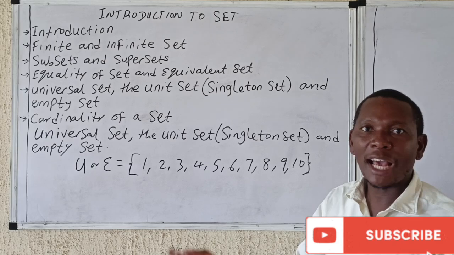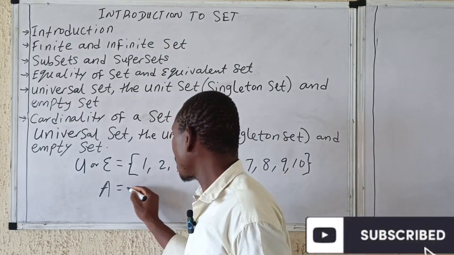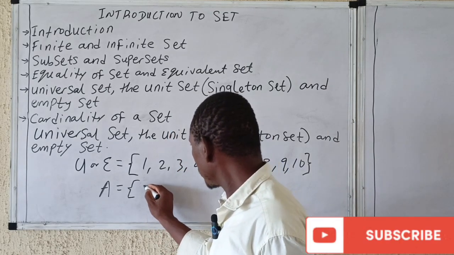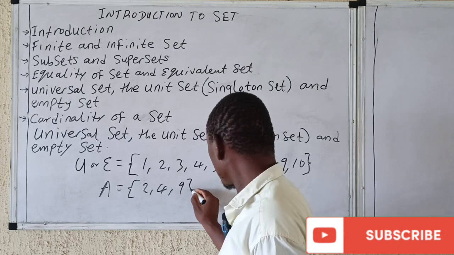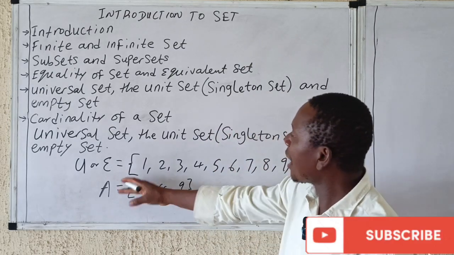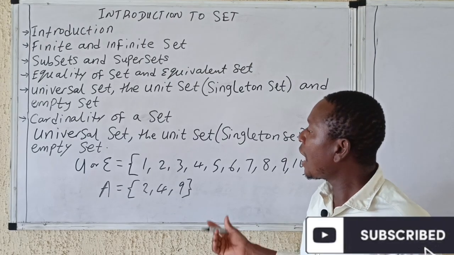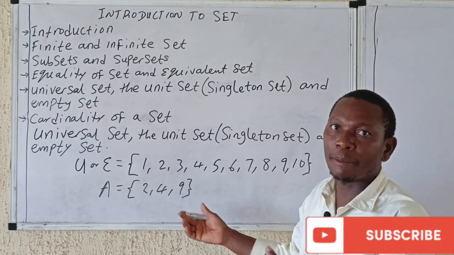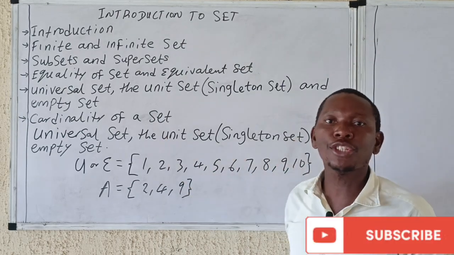Now, there can be other subsets under a universal set. You can just have 2, 4, and 9. So you can have various, more than one subset under a universal set. And any challenge, any question, problem that needs to be solved, the number is within this universal set.